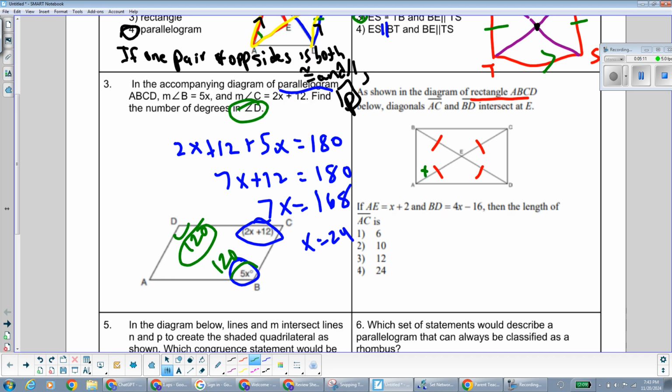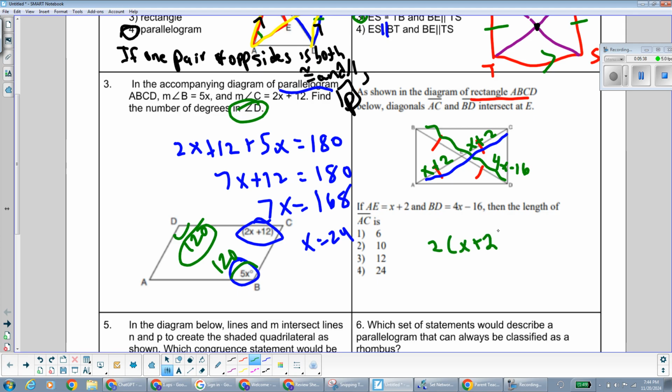AE is x plus 2. BD is 4x minus 16. And we need to find the whole length of AC. Well, diagonals are congruent, and this half is the same as this half, which is x plus 2.